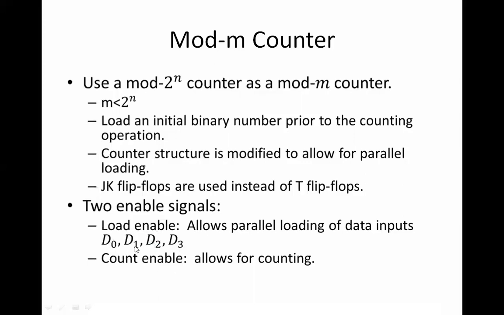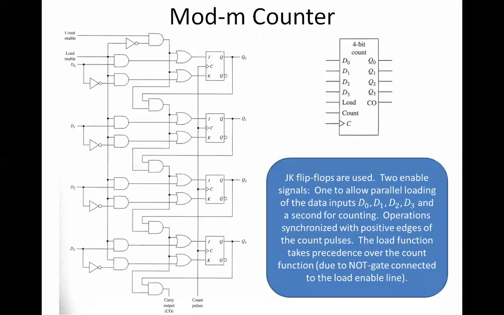Which means it will only count 0, 1, 2, 3, 4, 5. It will just up count or down count, depending on what kind of count is needed. So here we will have to use an AND gate in order to perform this operation. So this is going to be your mod M counter. This whole structure is your mod M counter, and we are making use of the JK flip-flop. As I told previously, the JK flip-flop is used.